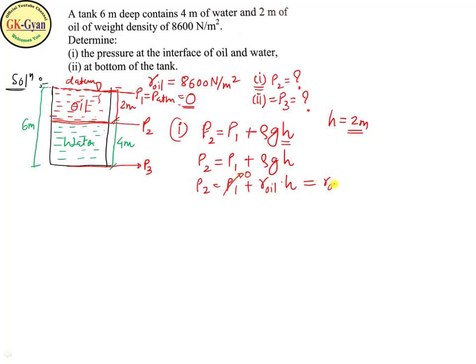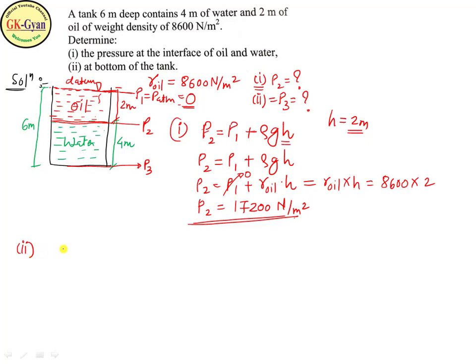So it will be the specific weight of oil into h, that is 8600 Newton per meter cube into 2 meter. So P2 is calculated as 17200 Newton per meter square. This is the pressure at the interface of oil and water.